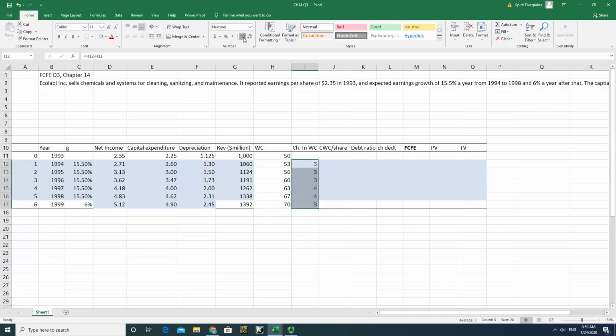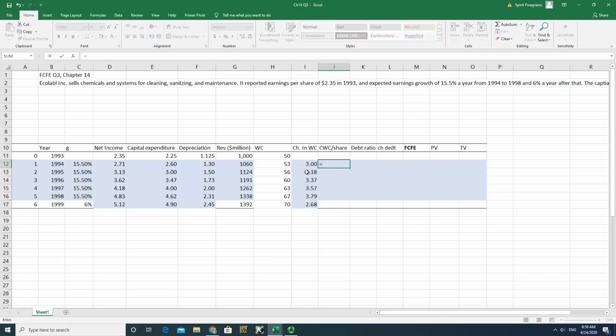And you want to add 2 decimal points here. But keep in mind, net income, capital expenditure, and depreciation are on a per share basis, but this change in working capital is in million US dollars. It's not on a per share basis, so I need to calculate the change in working capital per share.